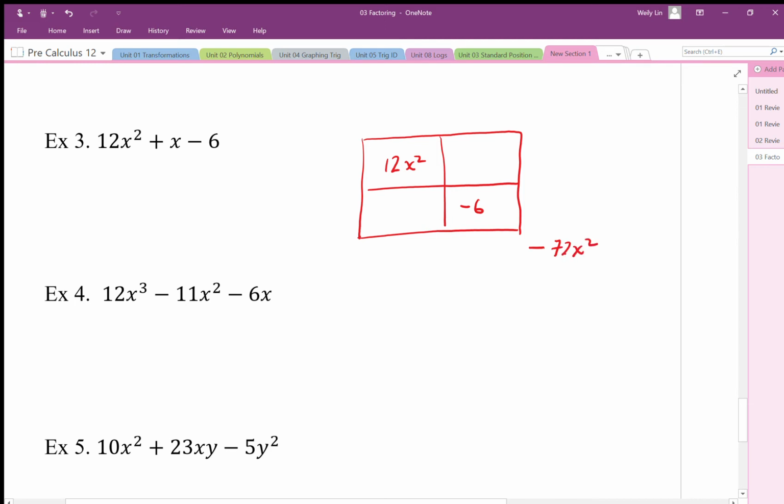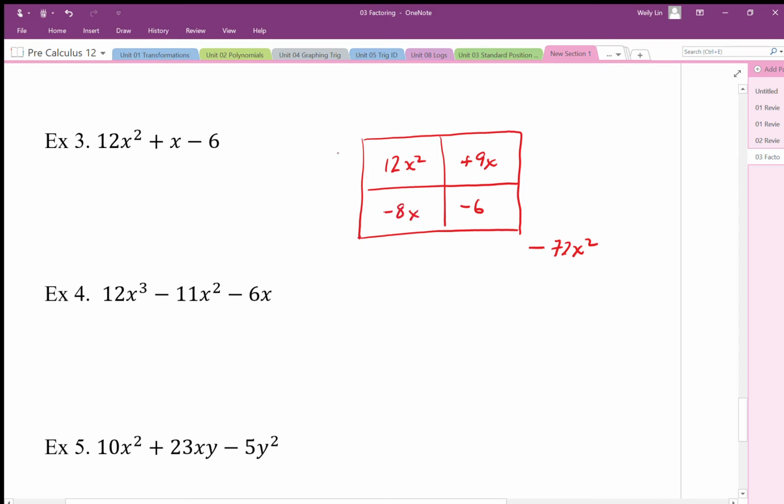So the factors of 72 that add up to positive 1 are going to be plus 9x minus 8x. Okay, so that's going to give us a 72.